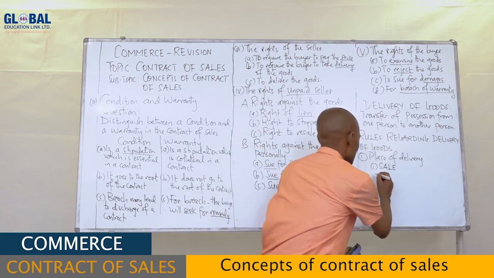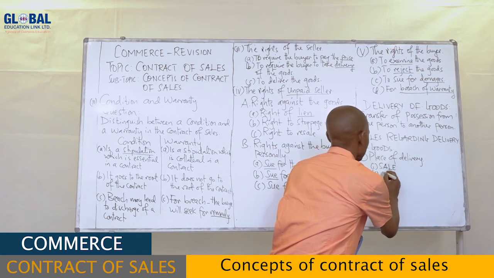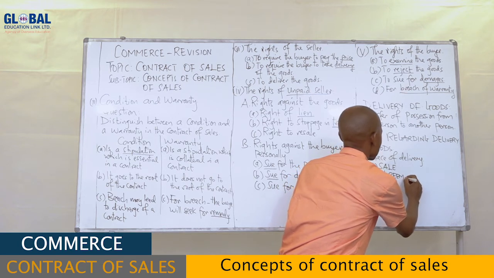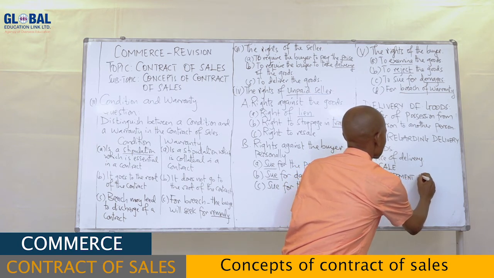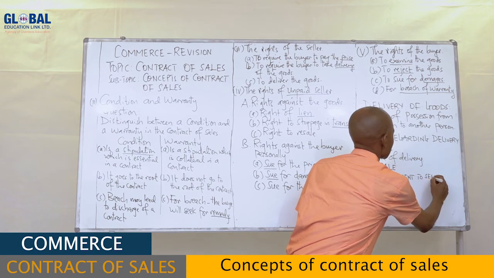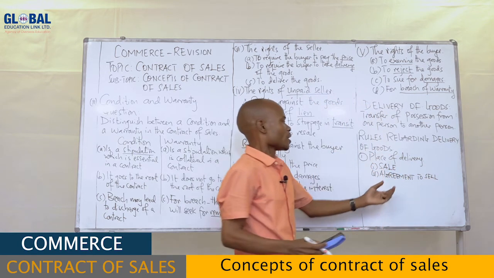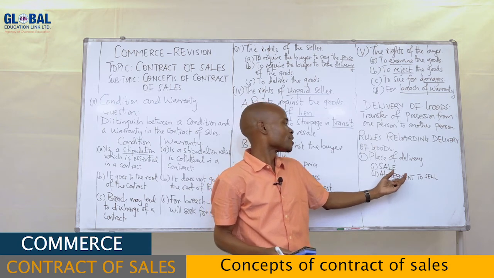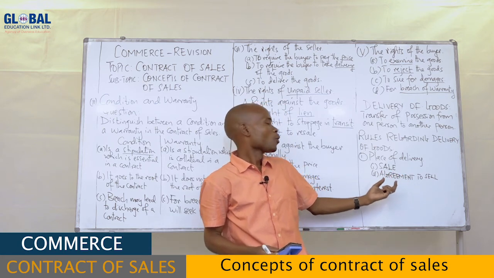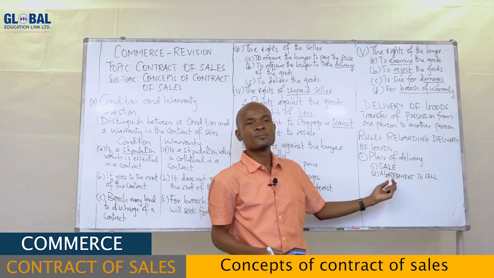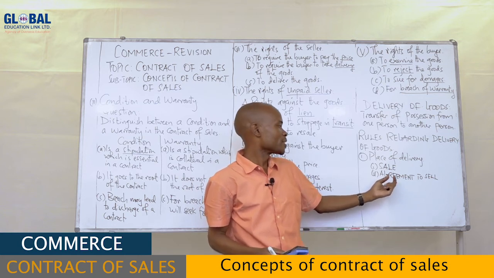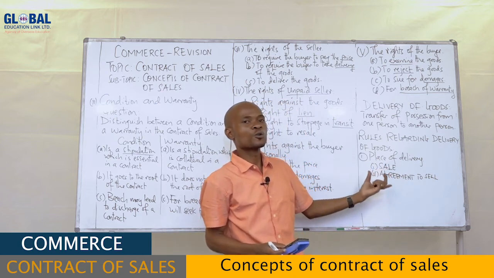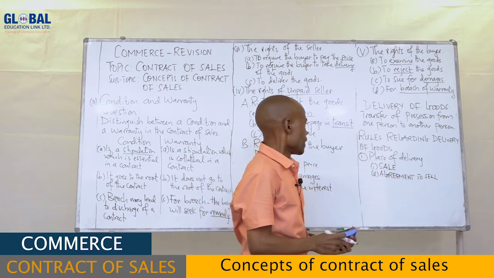But in an agreement to sell, the goods will be delivered at the place where the two sides, that is the buyer and the seller, met when they were making an agreement to enter into the contract.